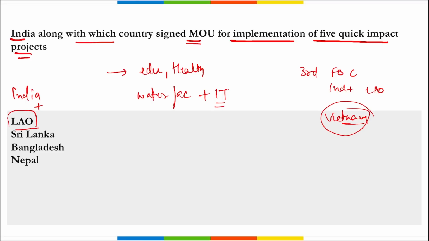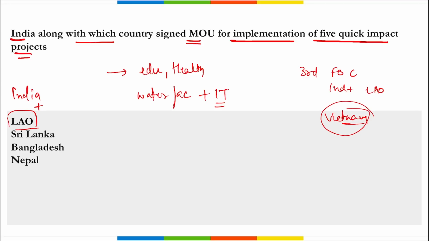How they can enhance the development in certain areas, how the partnership will be benefiting each country, be it in economic and trade, agriculture, healthcare, education, defense, and heritage and culture preservation. Correct? So these are your 5 MOUs that were signed in these various fields. Correct? These are for quick impact projects. It was signed between India and Laos. Correct? Moving on.